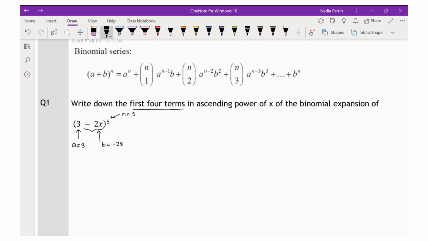So that first one there is going to be A, and it's to the power of n, which is 5. So 3 to the power of 5. That would be the first term. The next one, we're going to be doing 5c1. We're going to be timesing by A to the power of n minus 1. So A is 3, and n minus 1 is going to be 4. So you're going to notice that this is going to go down by 1 each time.